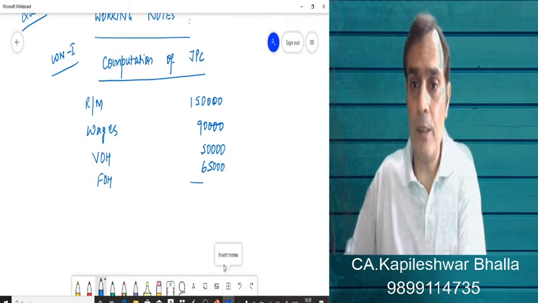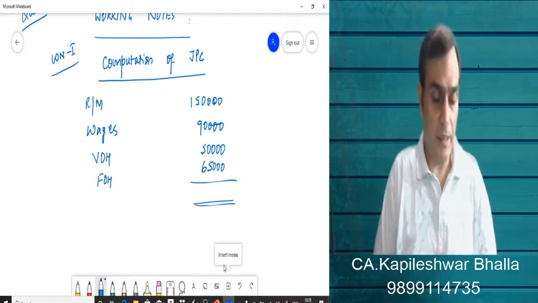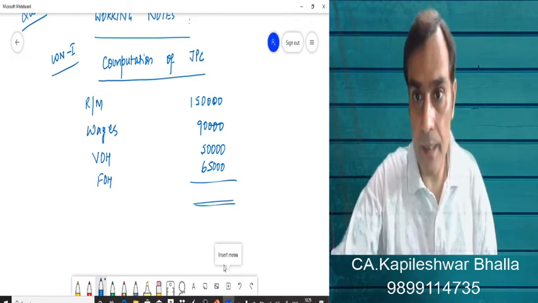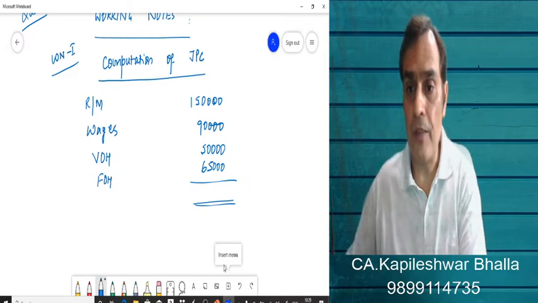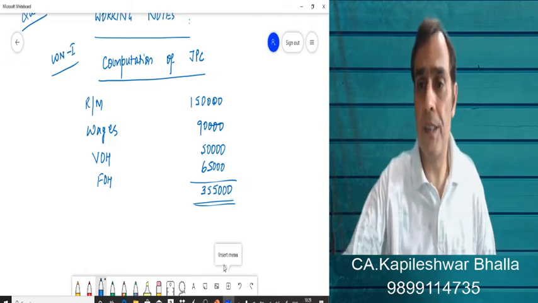So I think we can conveniently get the JPC in totality, which comes out at a total of 3,55,000. So that is my first working note, which gives me the joint processing cost.